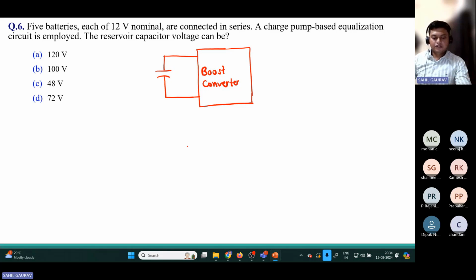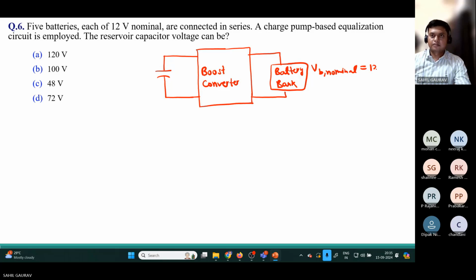If we see this charge pump based equalization circuit, on this side we have the battery bank. The nominal voltage is 12 into 5, equal to 60 volt.